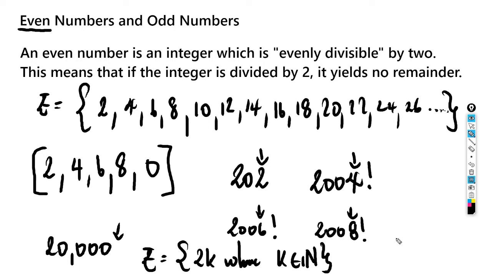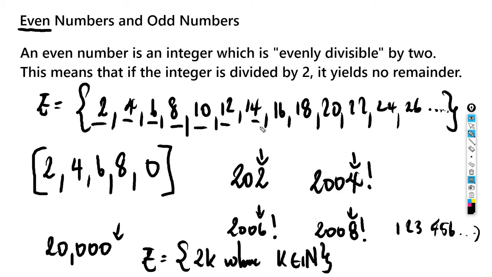So remember the natural number set is 1, 2, 3, 4, 5, 6, all the way to infinity, right? Counting up by 1. So 2 times 1 would give you 2, 2 times 2 would give you 4, 2 times 3 would give you 6, 2 times 4 would give you 8, right? And so on.